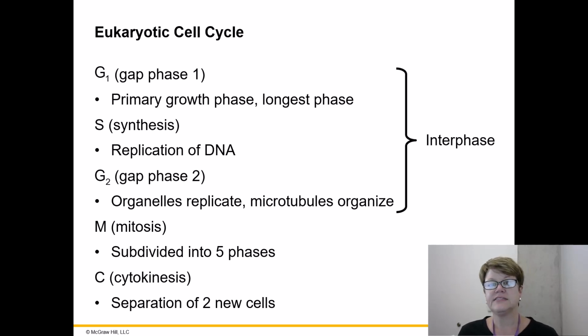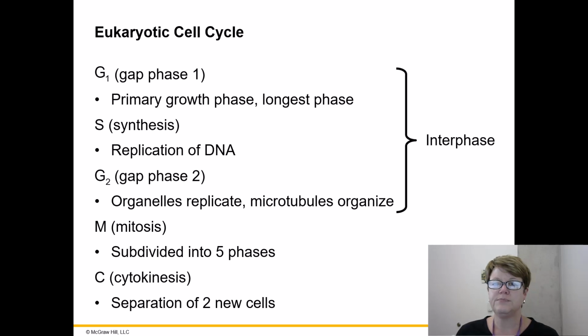In the cytoplasm, more organelles and more macromolecules are still being made. In terms of distinguishing between G1 and G2 based on what's happening inside the cell, both have growth, both are making organelles and macromolecules, and the cell is getting bigger.